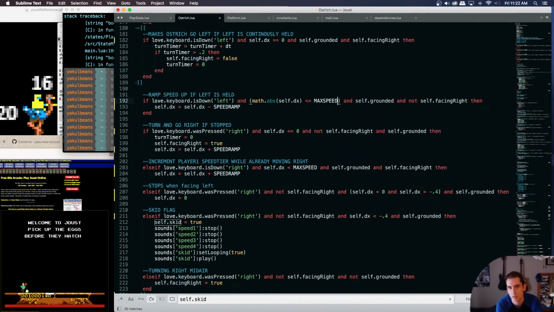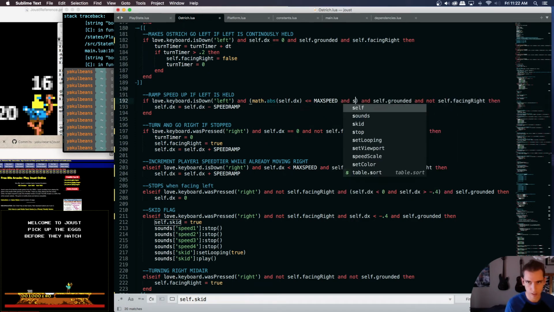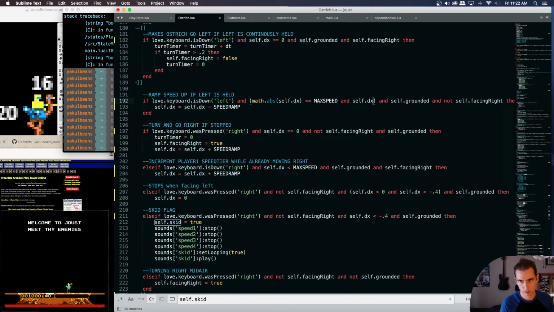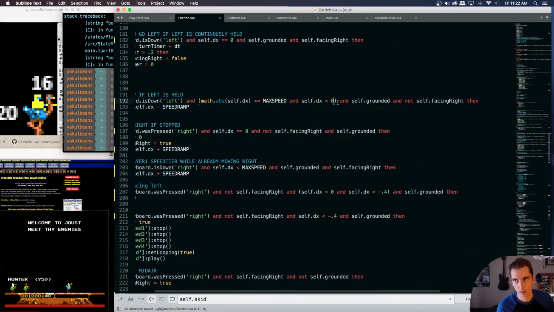It's got to be less than your max speed, and your dx has got to be smaller than 0, meaning you're moving left, and not skidding.